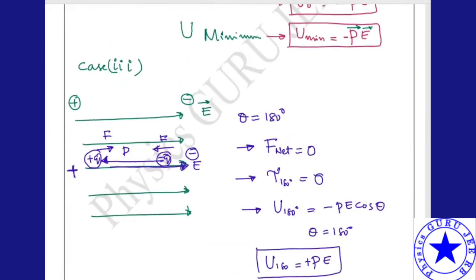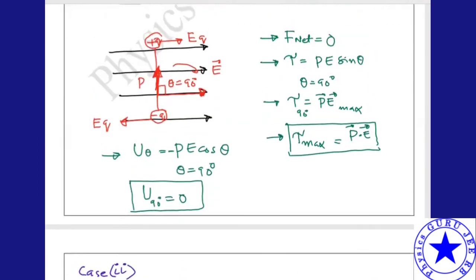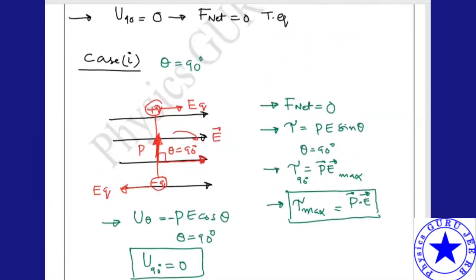Fine, all of you. So let me give the conclusion here. When net force is 0, it is only translational equilibrium.